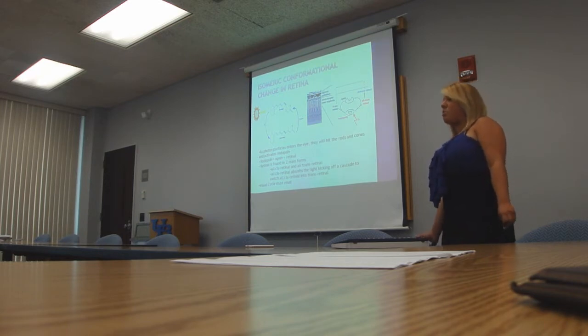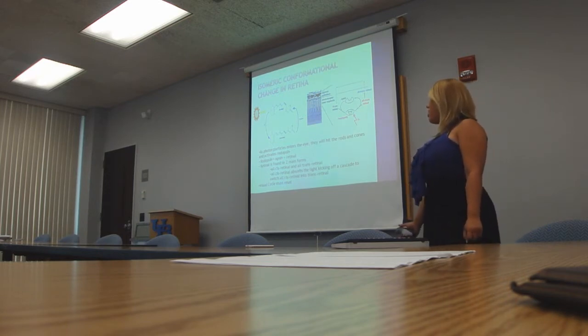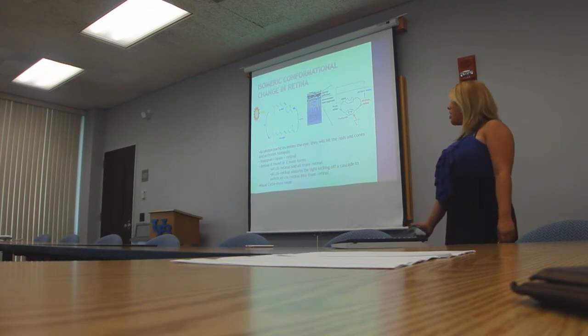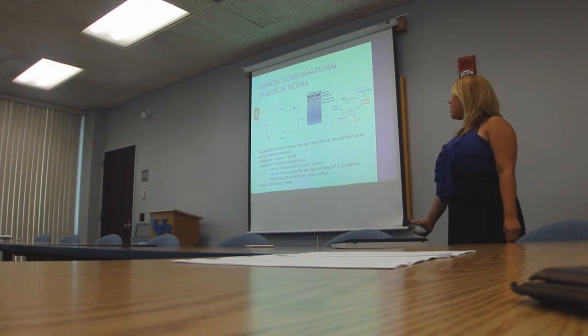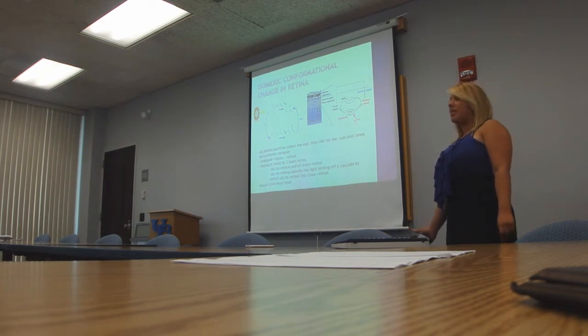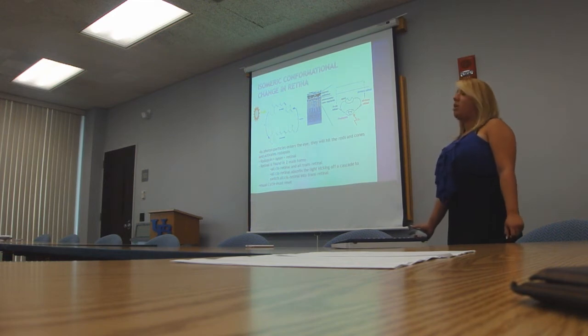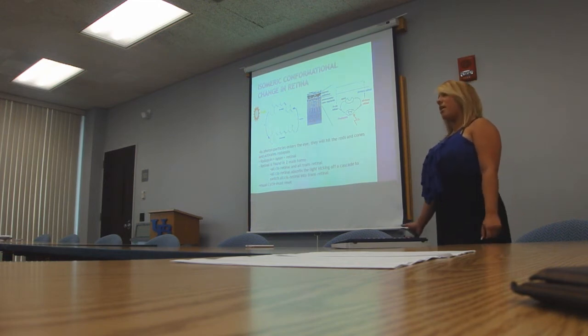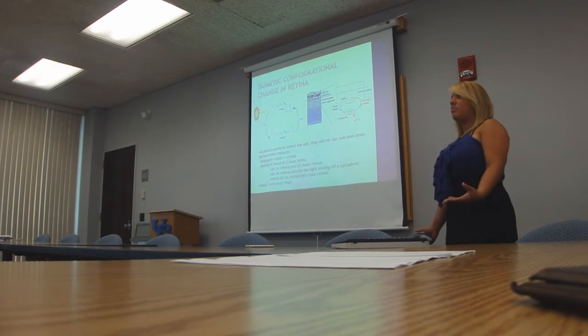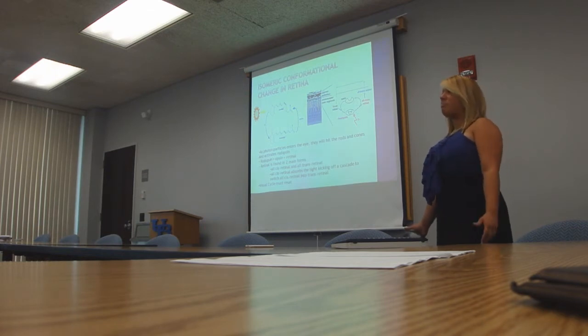The two main components of retinal that we are looking at are all-cis and all-trans retinal. Basically, the all-cis retinal absorbs the light and kicks off a cascade that isomerically converts the all-cis retinal into all-trans retinal. And in order to see the next image, you need to reset the cycle.